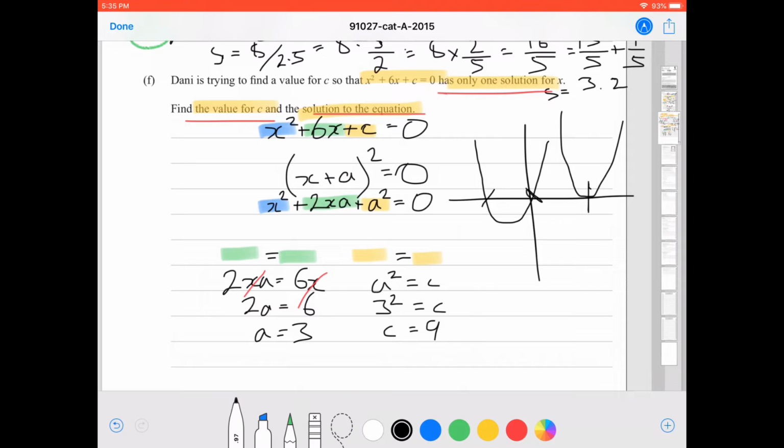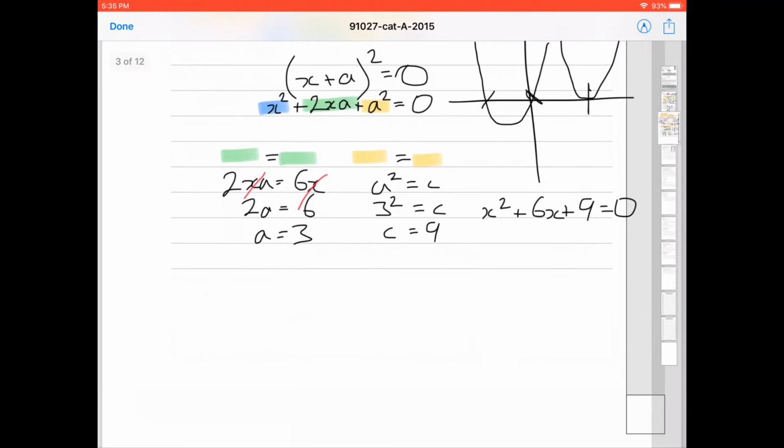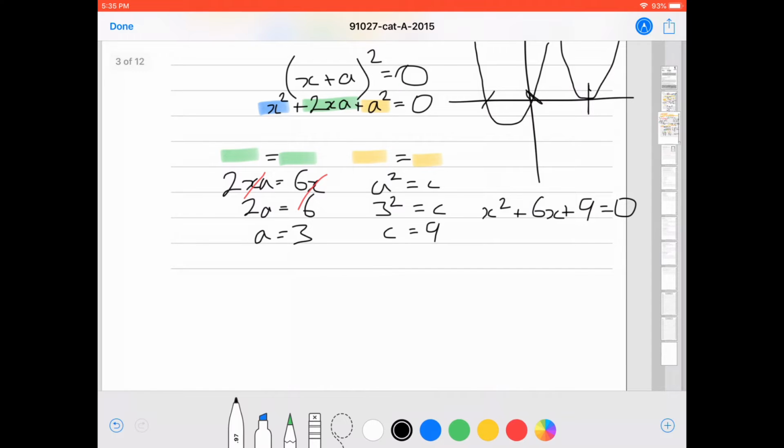So let's go ahead and just write out our equation again. x squared plus 6x. Instead of writing c, let's use 9, and this equals 0. Okay, so we can factorize, and in fact we already know what our factorization is going to look like. Again, it's x plus a all squared, and we have a equals 3.